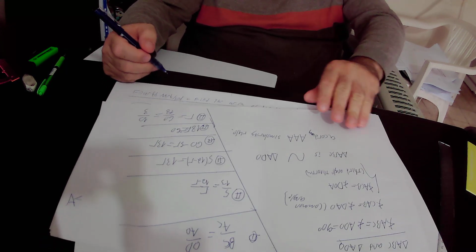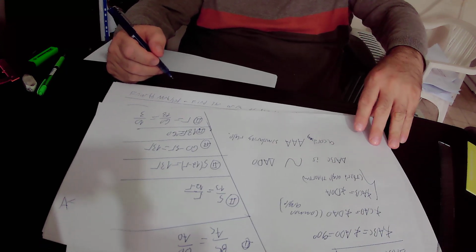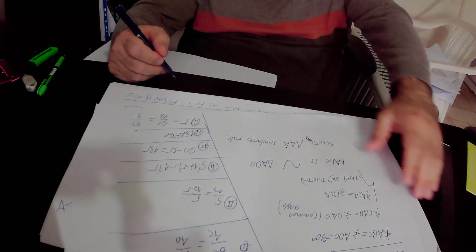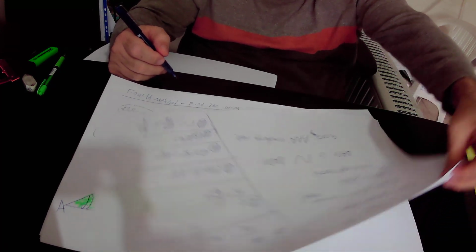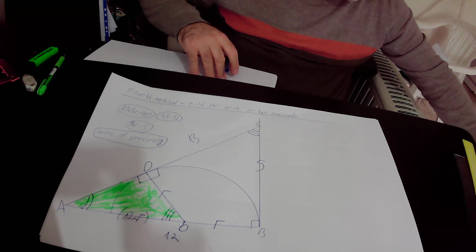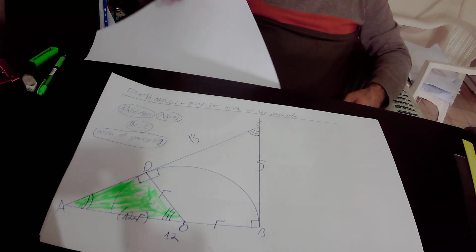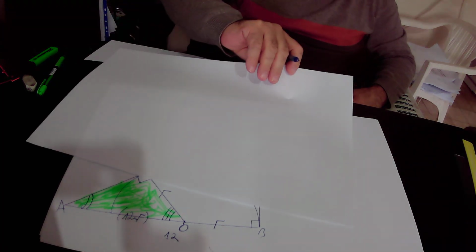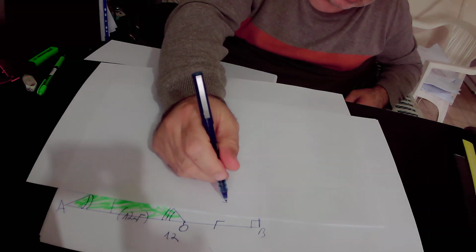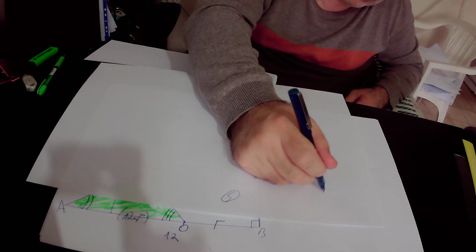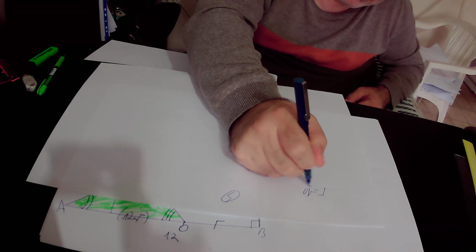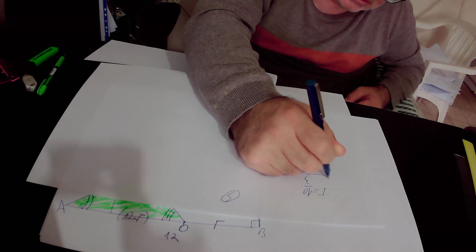So actually, in conclusion, we found out that the radius of the semicircle equals 10 over 3. That is to say, R equals 10 over 3 units.